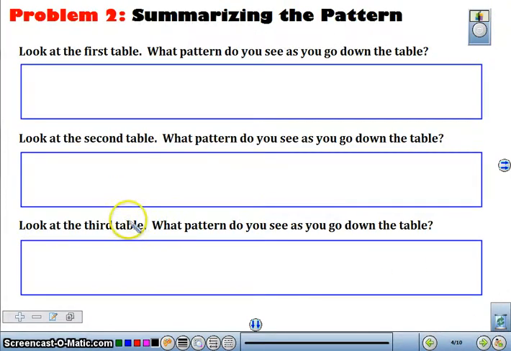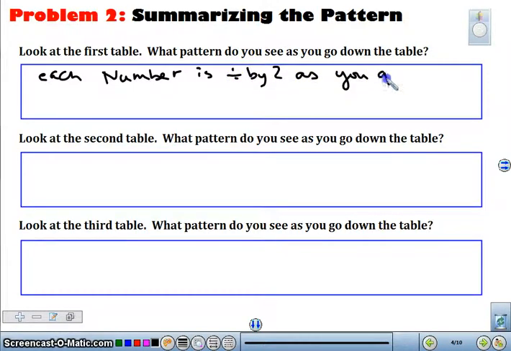So, if we look at that first table, what pattern do we see? Well, we kind of discussed it as we were filling it in. Each number is divided by 2 as you go down the table.